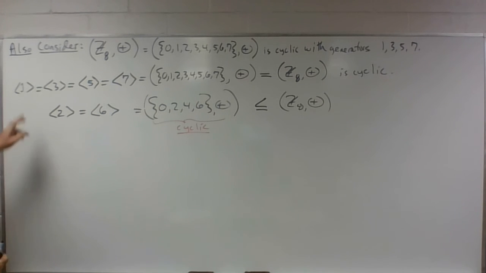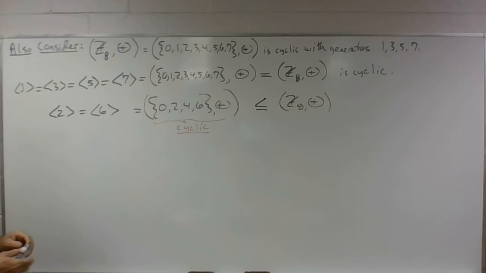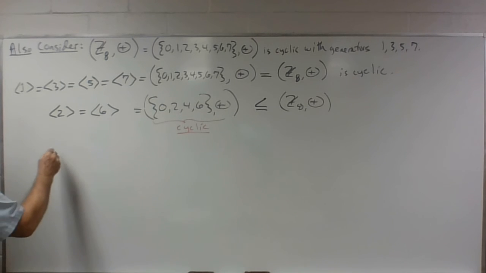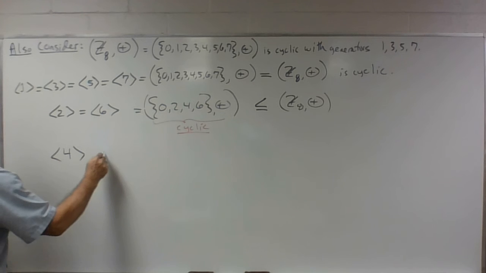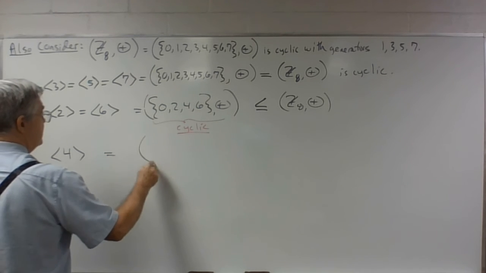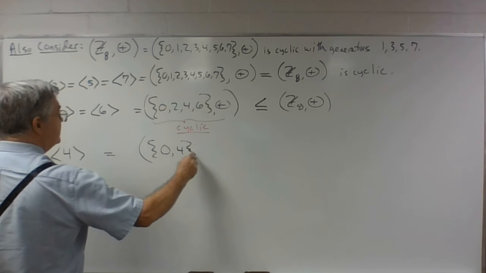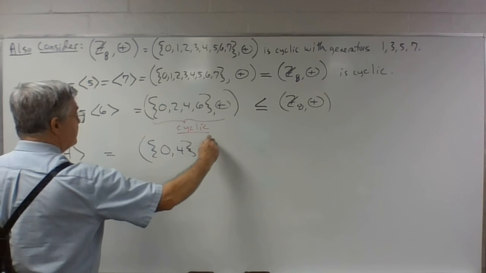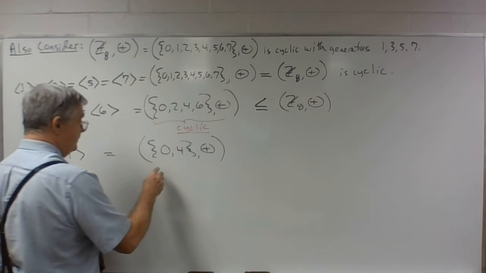Oh, let's see. We have 1, 2, 3. We're missing 4, 5, 6, 7. We're missing 4 and 0. Now 4 generates a subgroup. If we remember, it generated the subgroup having elements 0 and 4. This is cyclic.